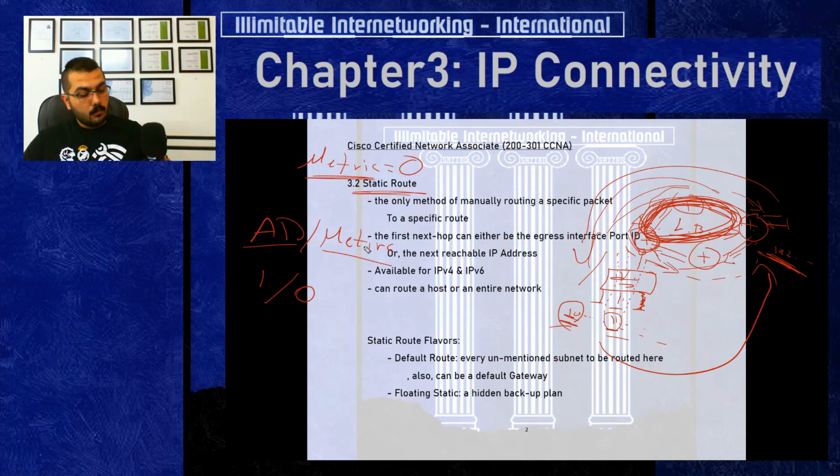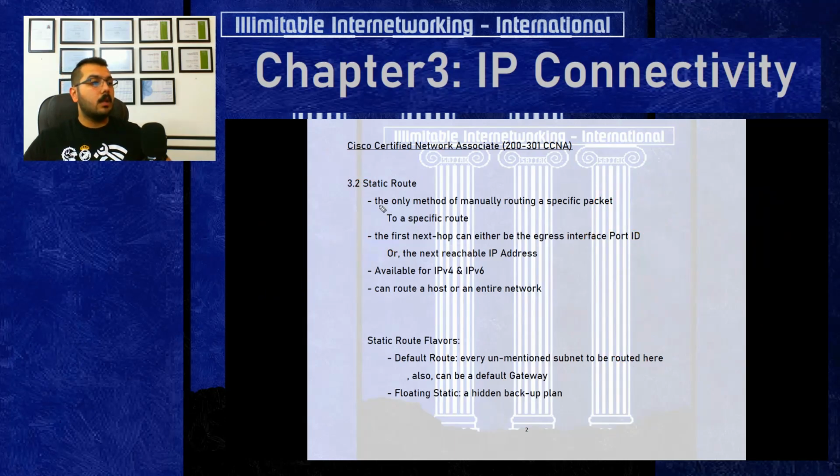So let's take this away. It is the only method to manually route a specific packet to a specific route. The first next hop can either be the egress interface port ID or the next reachable IP address. This will be seen in the lab.